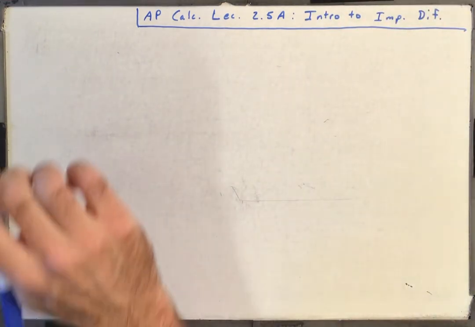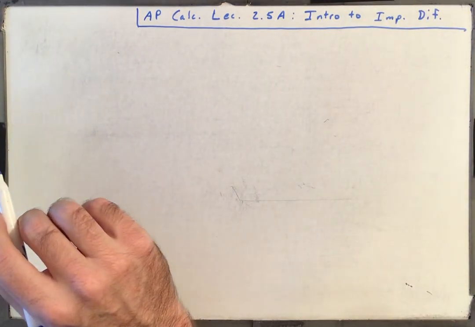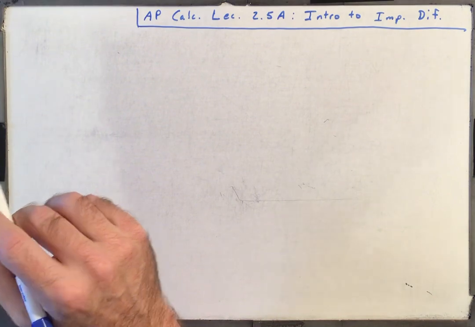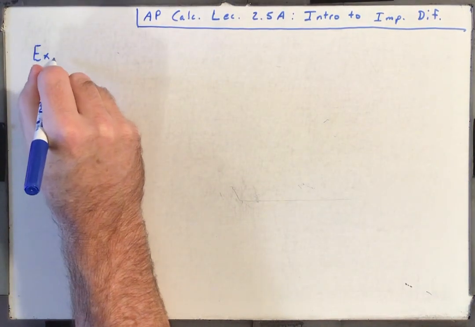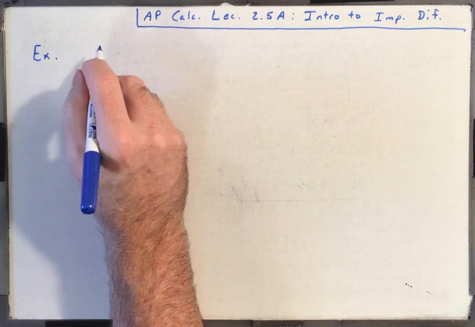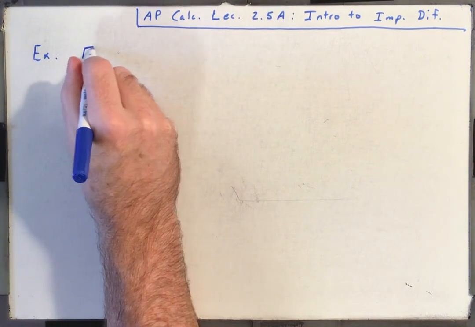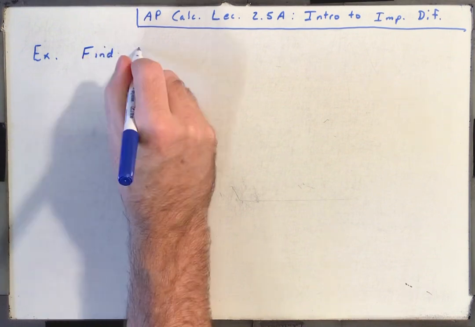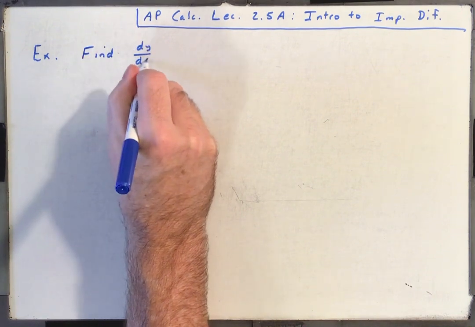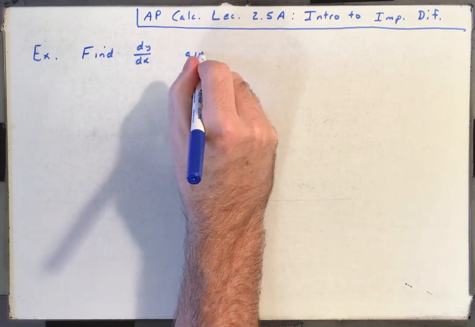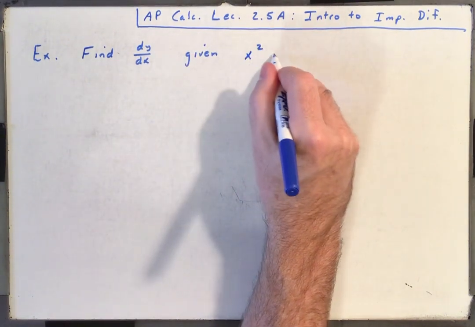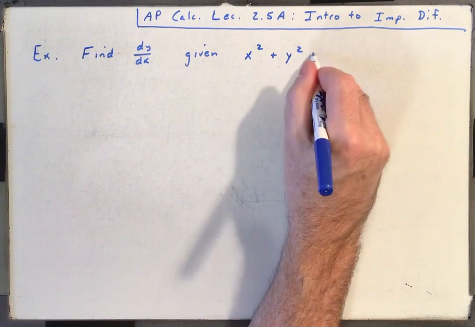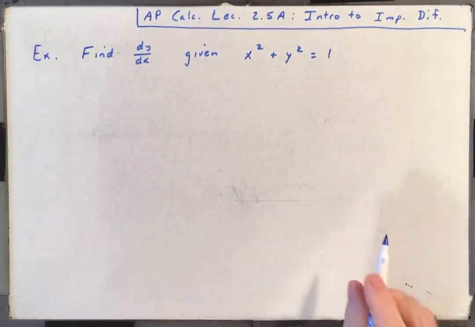Because in a relation, you'll have all the x's and y's mixed up together. So our first example is: find dy dx given x squared plus y squared is equal to 1.